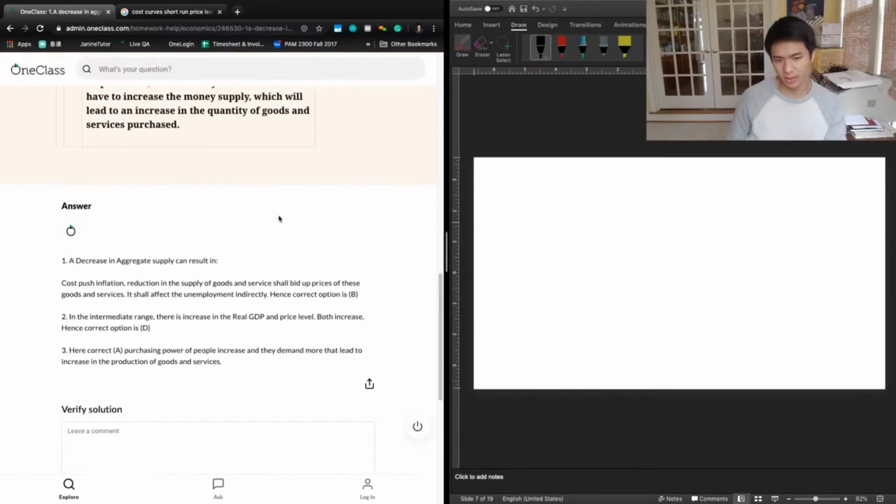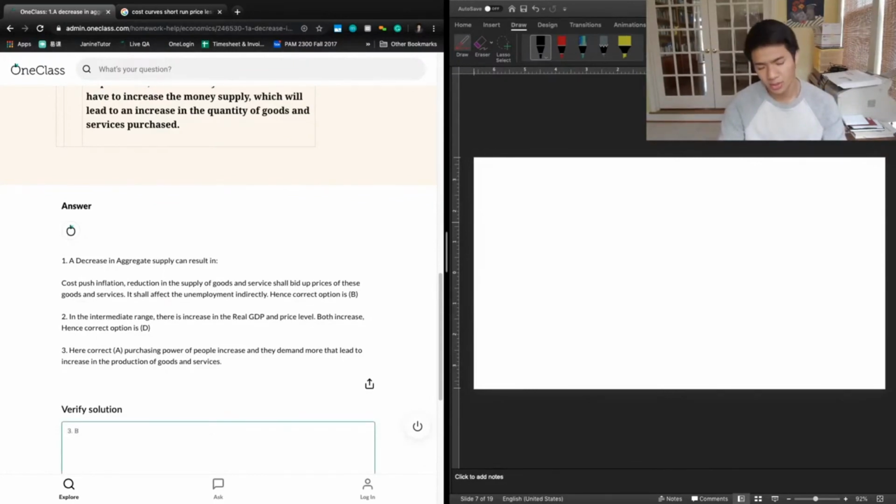So let's take a look at the other answer picked by the previous tutor. The previous tutor says here A is correct because purchasing power of people increases, they demand more, and that leads to an increase in the production of goods and services. And so again, I think B would be better for question 3.